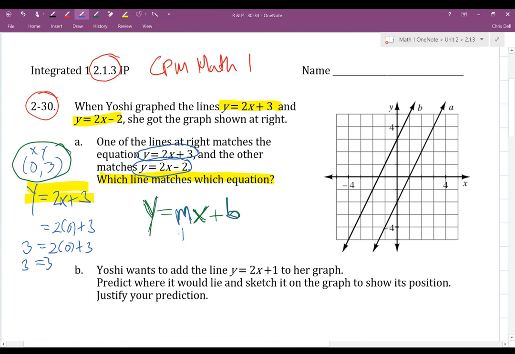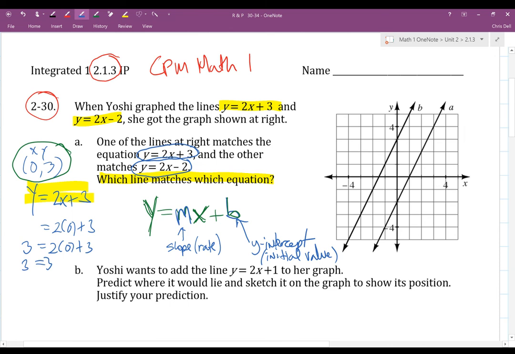So the m is your slope or your rate, if you're doing application of a linear function. And then your b is your y-intercept, or also known as your initial value, again, if you're doing application of linear functions.